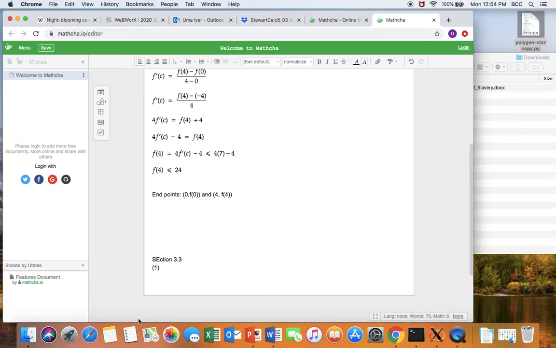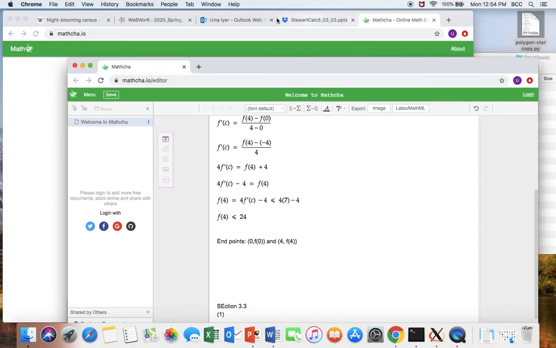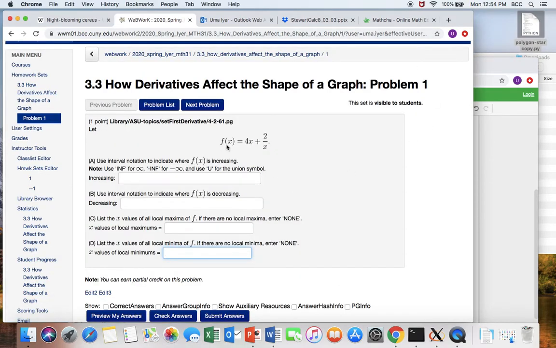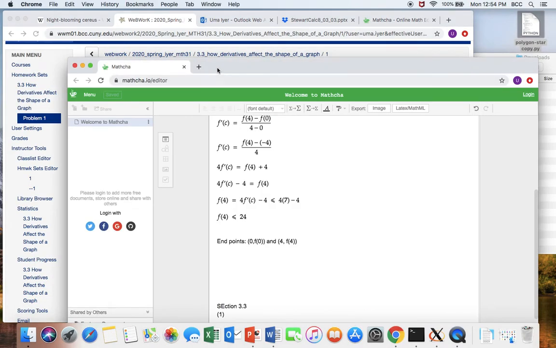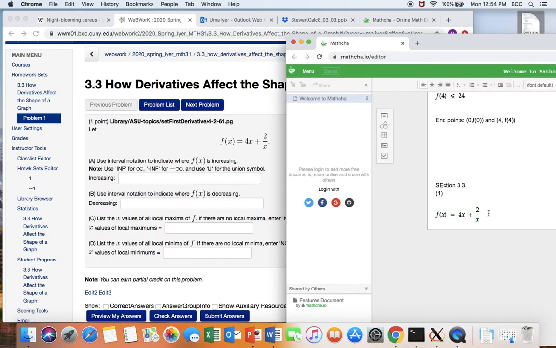My question is f(x) equals 4x plus, it's a fraction, 2 over x. All right, let me check it. 4x plus 2 over x. All right, so that is my function.